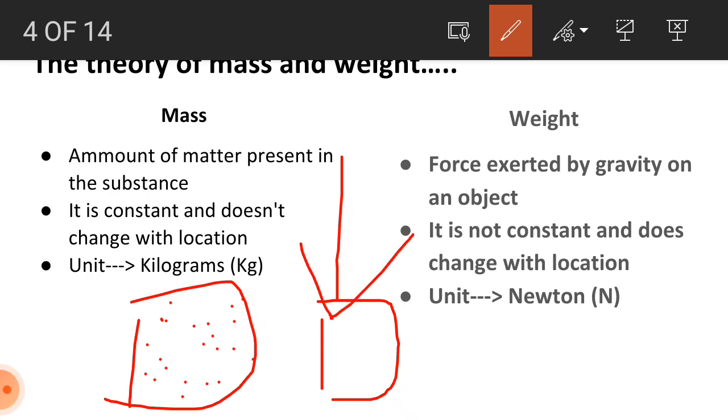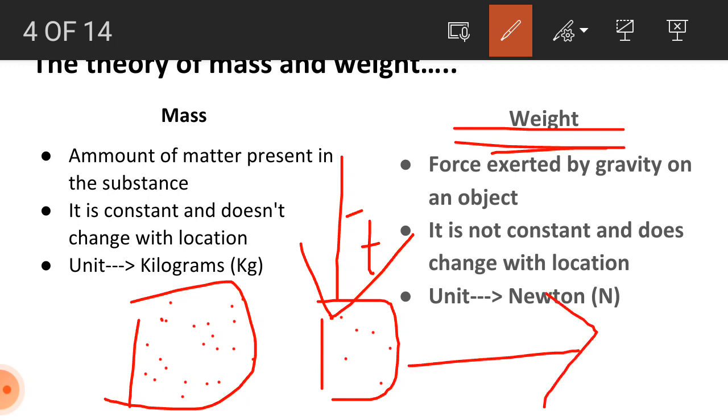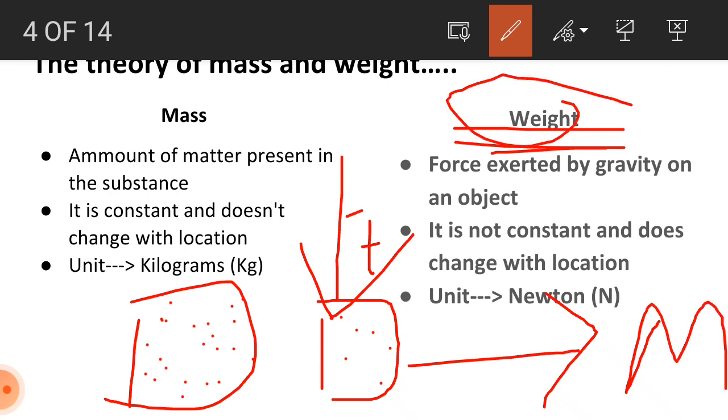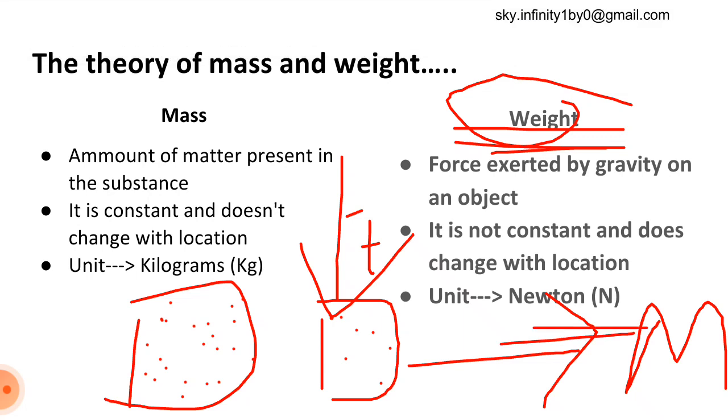So if there is an object which consists of matter, if it is kept on earth, it will have one particular value for that weight, and if it is taken to moon, then it will show some other value for weight. So since it is a force, the unit for that will be Newton, and for mass the unit is kilograms.